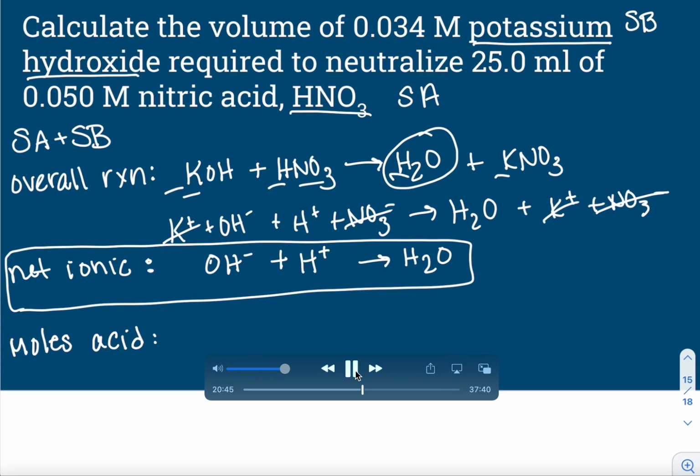So what we'll do is take the molarity and multiply it by the liters.